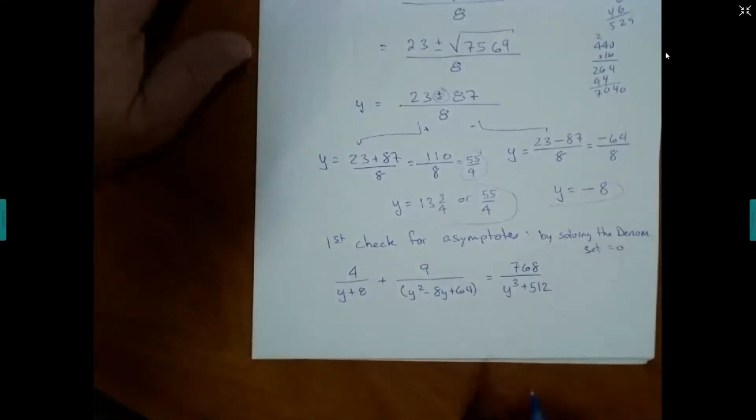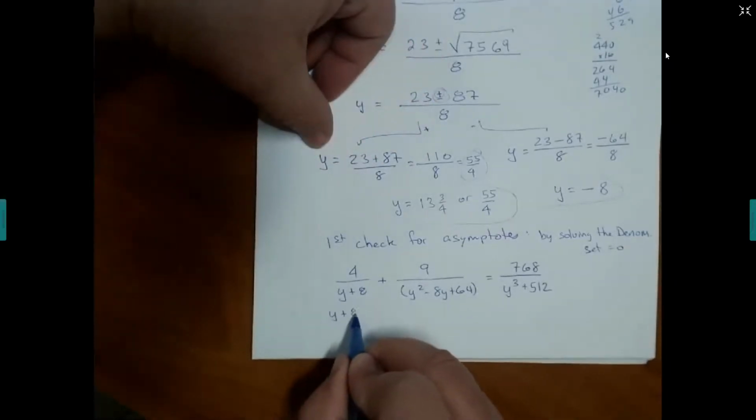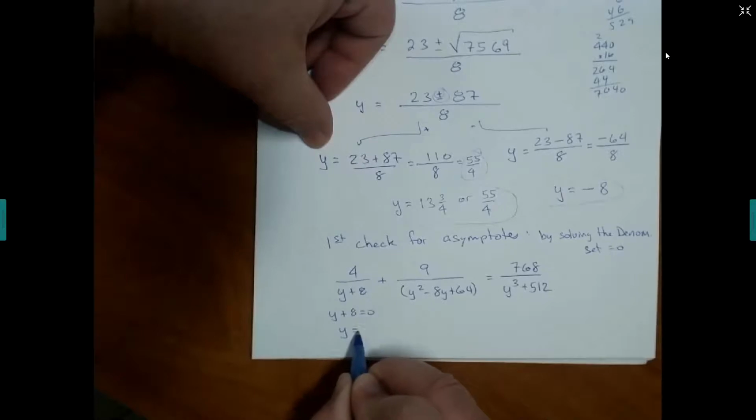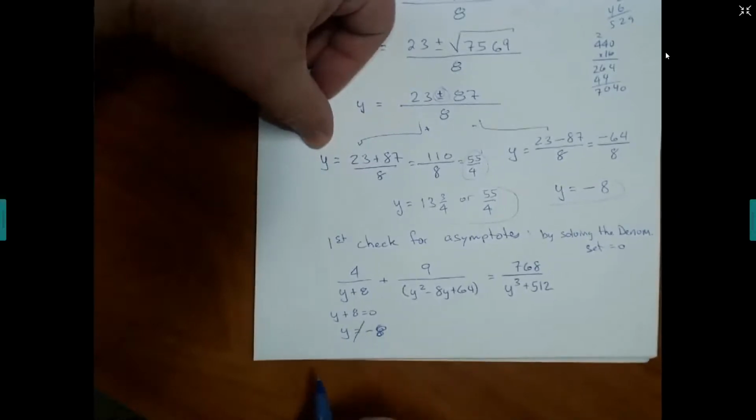Set equal to 0. So y plus 8 equals 0. Y equals -8. So that's one number y cannot equal.